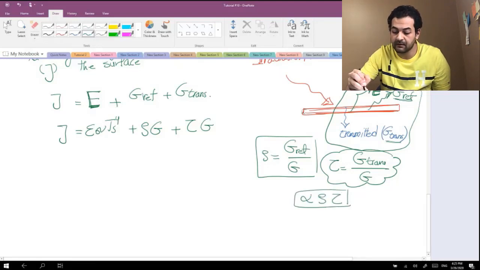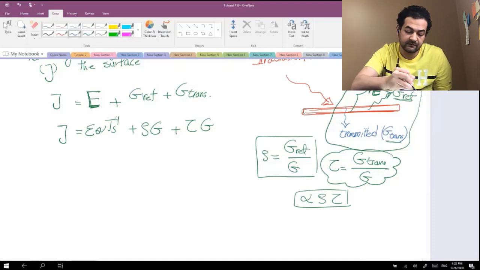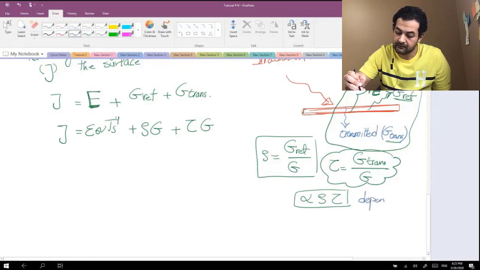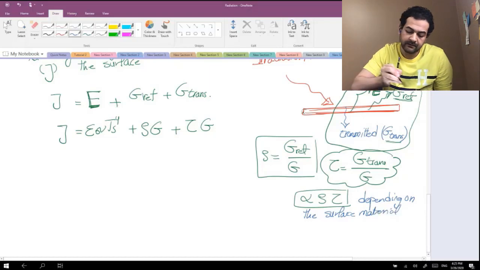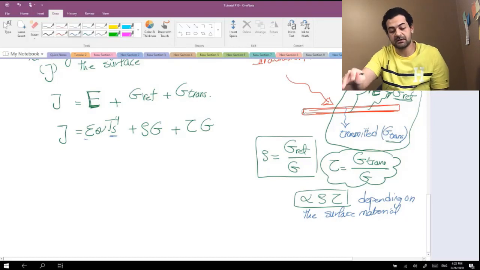All of them are depending on the surface material, while the emittance is depending on the surface temperature and the emissivity of the surface, right?